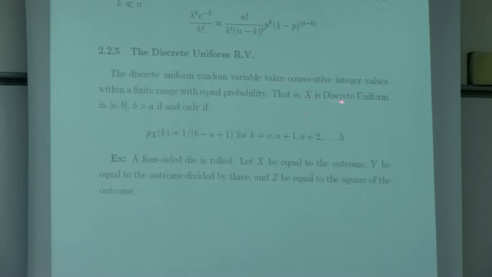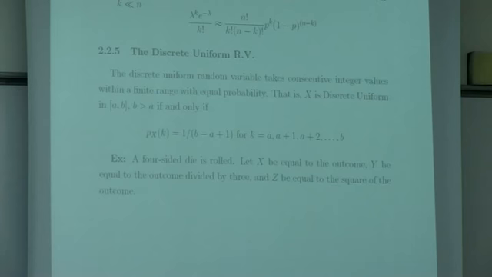So x is a discrete uniform random variable in the interval a to b, where b is bigger than a, if and only if p_X of k is equal to 1 over the number of numbers in this interval, b minus a plus 1.